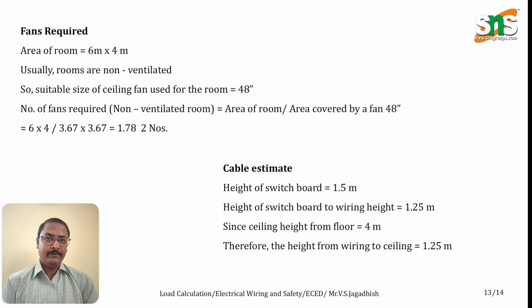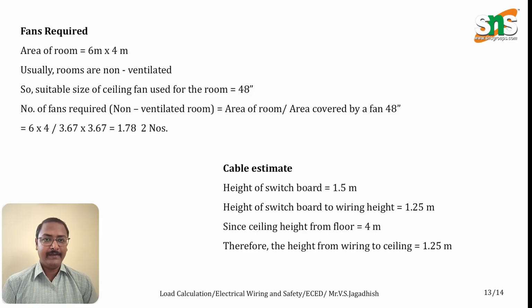Now let's move on to the ventilation part. This is an area of 6 meters into 4 meters, a room which is not ventilated, and we want a fan with a wing length of 48 inches. If you calculate the area covered by the fan, that is 3.67 and 3.67, we approximately need 2 fans to cover the entire space to get it ventilated.